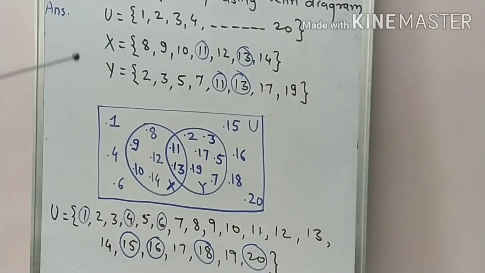What you have to do is make a list, write those sets in listing method, and then using these figures represent them by Venn diagram. Always we draw a rectangle for the universal set, and the subsets we represent by circles or any other figure. Okay, students? Like this, the question is asked in exams for 3 marks. Then we try the next example.